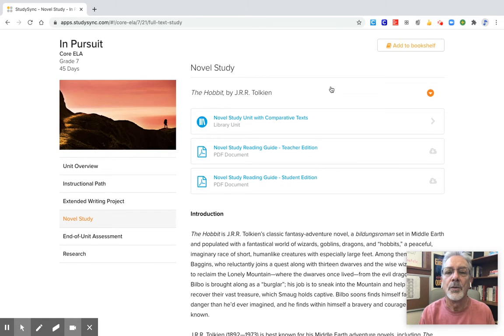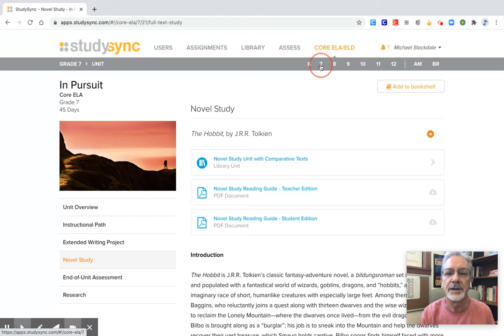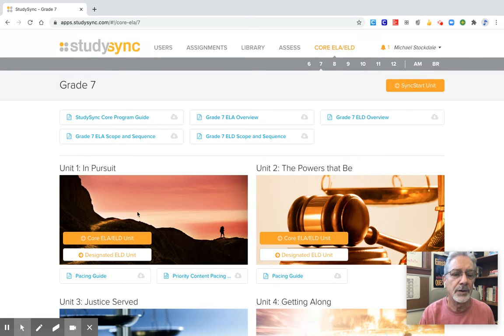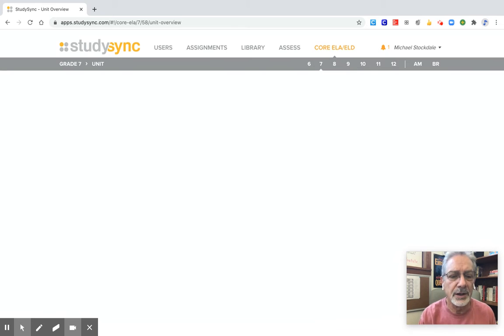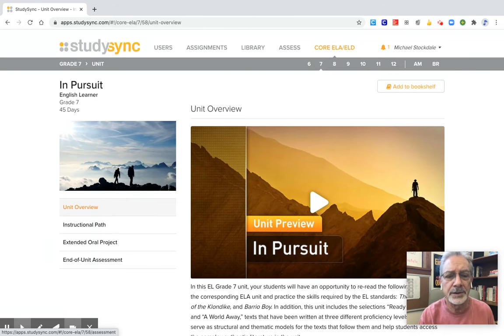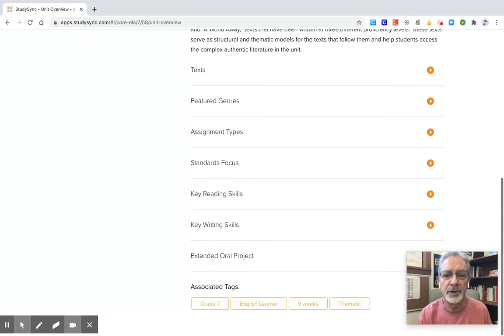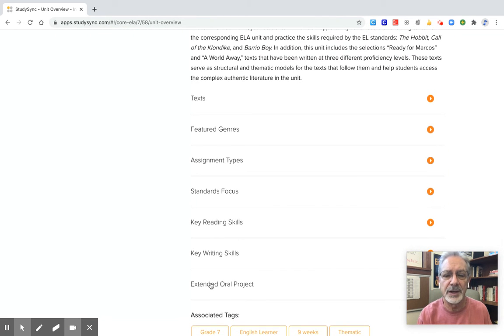In fact, we're not even going to look at the regular ELA, ELD units. We're going to look at designated ELD units to start with. In Unit 1, we again have some stuff to cover, but notice that it's not as many things that we're looking at. Feature genres, we'll talk about that later.